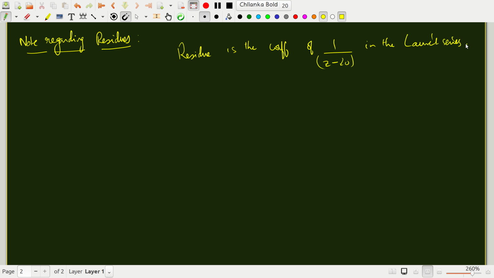Now suppose I have a function of the form 1 over 2z minus 4. I should write it in the 1 over z minus z naught form. This is like 1 over 2 times z minus 4 upon 2. This is 1 over 2 times 1 upon z minus 2.